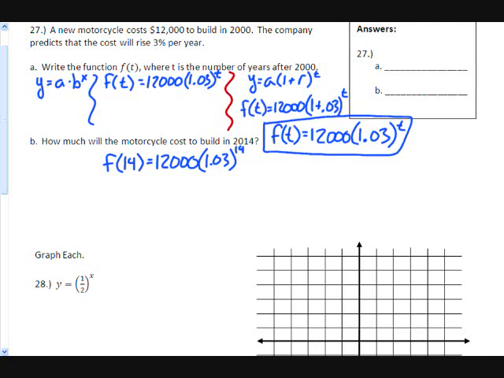So I have to do the 1.03 raised to the 14th power. After I do that, I'm going to multiply by the 12,000. So it looks like in 14 years, in the year 2014, it's going to be $18,151.08. And that's it.